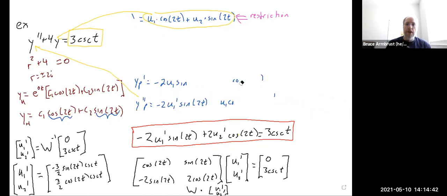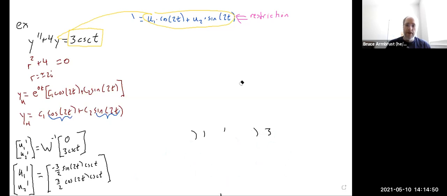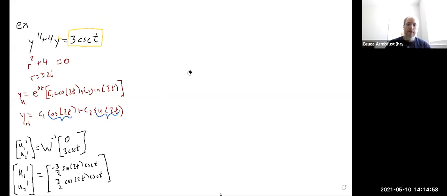Okay, so now since we know what u1 and u2 prime are, we can go ahead and figure out what u1 and u2 are. But this is where we're going to use our identities to help us out a little bit. Because sine of 2t, so check this out.